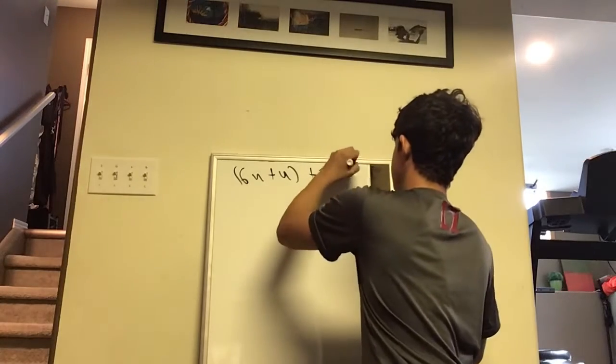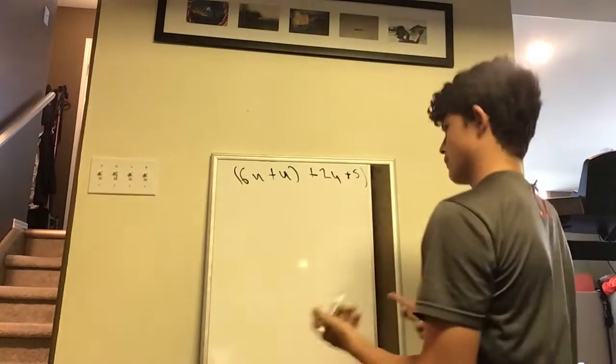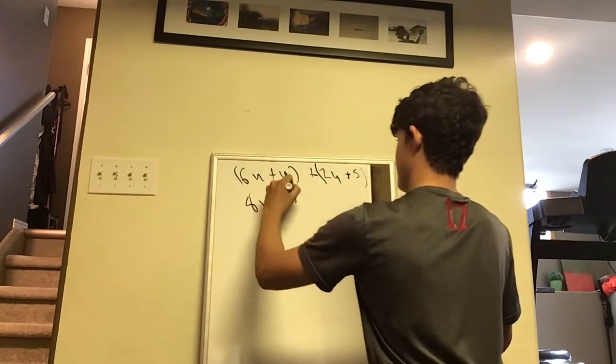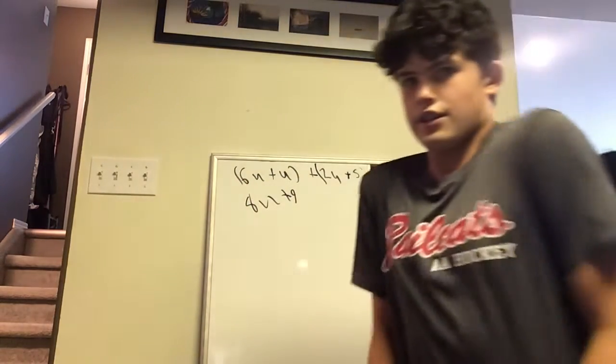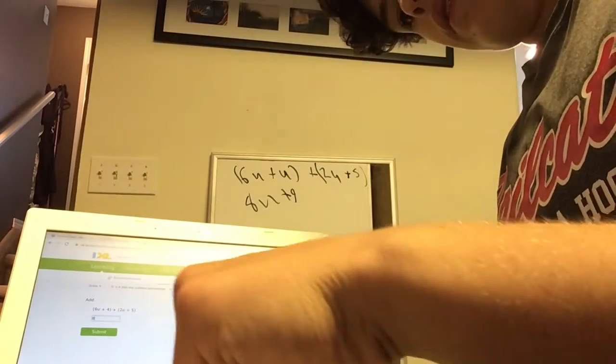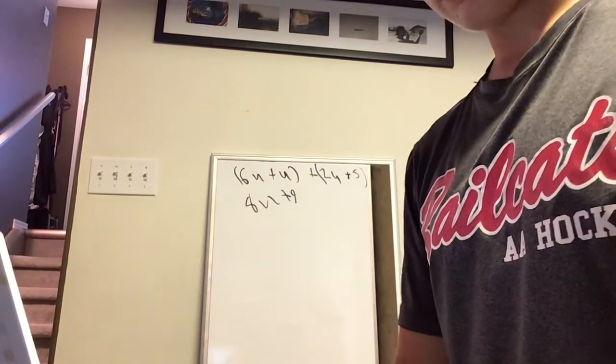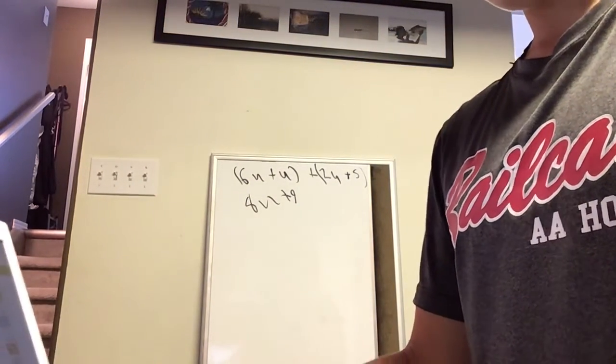They're all positive. This is really straightforward. This is going to be 8u plus 9. It's just that, and I'll tell you why. 8u plus 9.